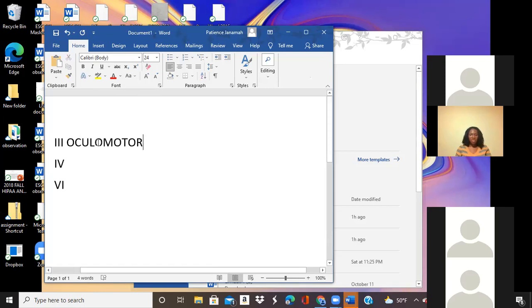This one is cranial nerve 4, the trochlear nerve. And this one is nerve 6, the abducens nerve.